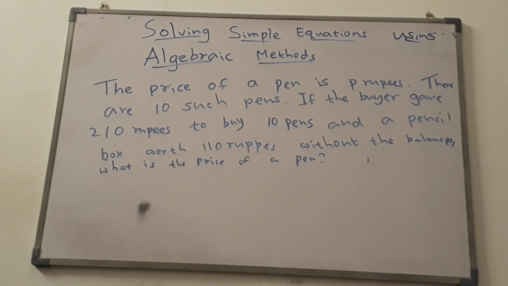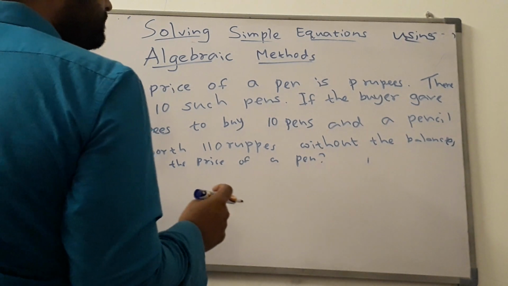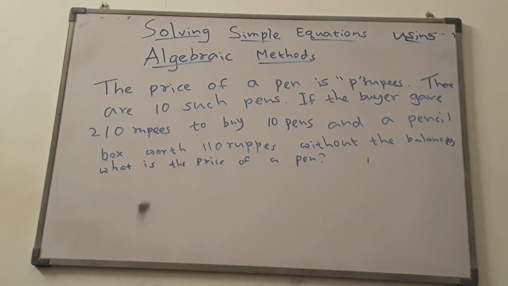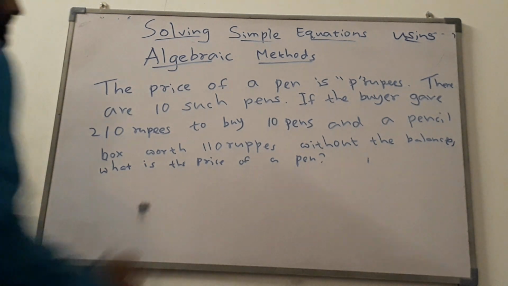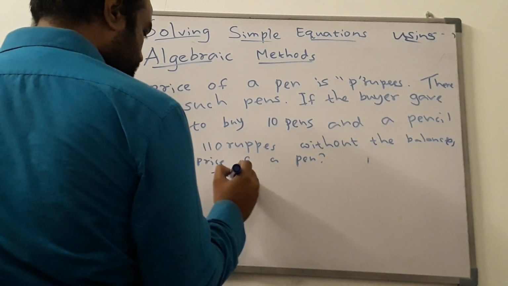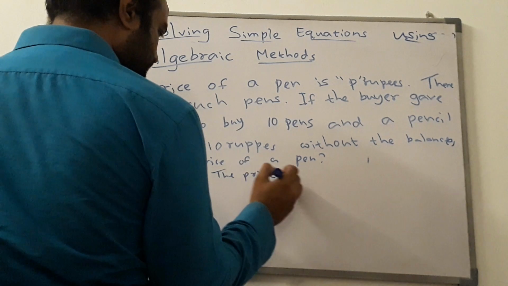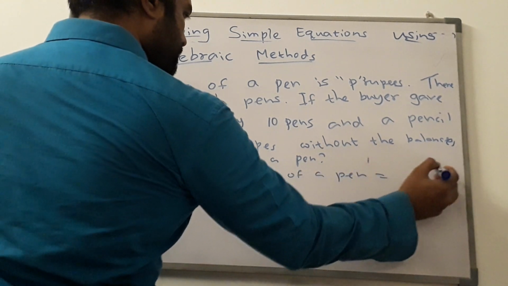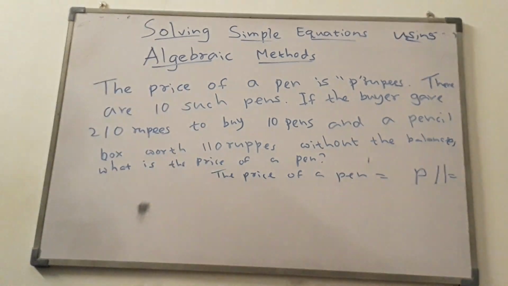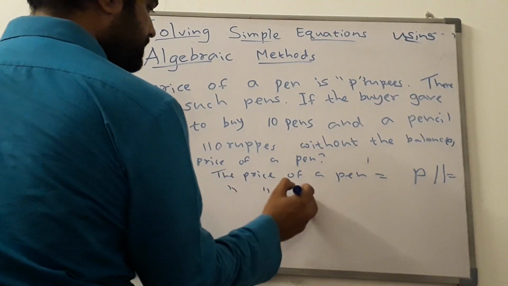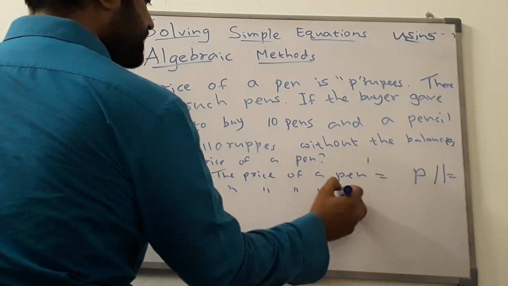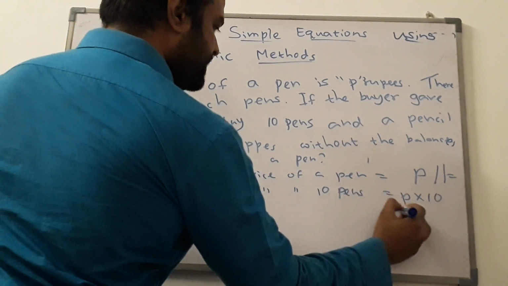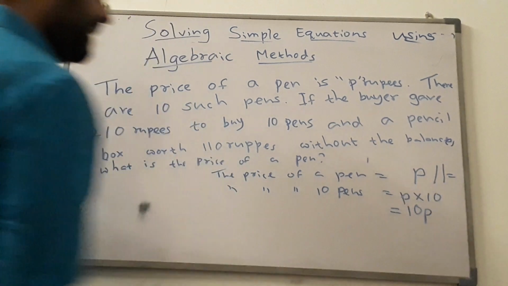Okay, here, the price of a pen is given as P. So the price of 10 pens means we have to multiply P by 10, which is equal to 10P.